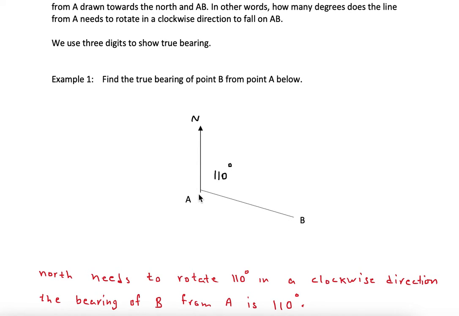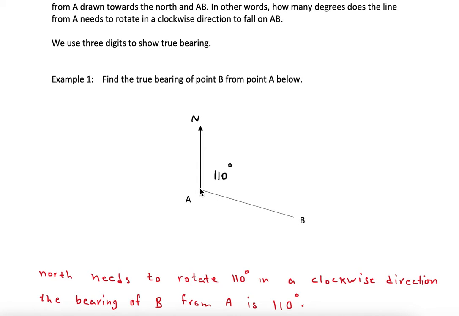And then connect A to B, because we are talking about points B and A. Connect them with a straight line. Then ask yourself, that line in the direction of north needs to turn by which angle to fall on AB. If I want to rotate it in a clockwise direction, how much does it need to turn to fall on AB?